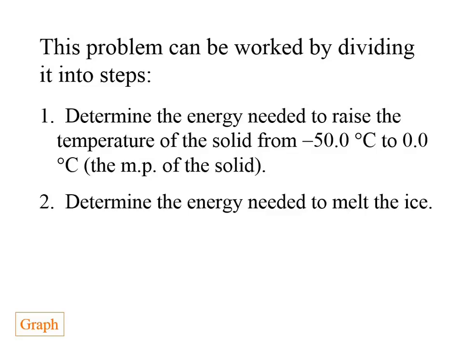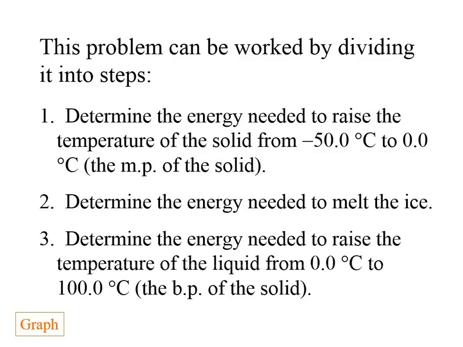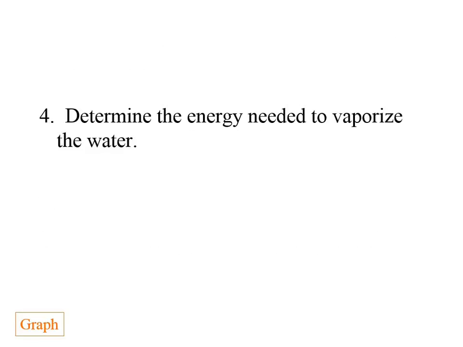Second, once it is at its melting point temperature, we're going to go ahead and melt the chunk. Okay, and we're going to use the heat of fusion. And then once it's melted, we're going to jack its liquid temperature up from right at the melting point temperature to the boiling point temperature.